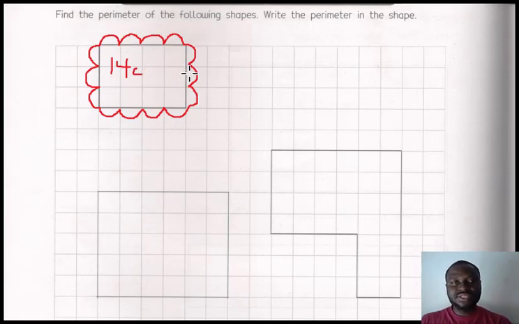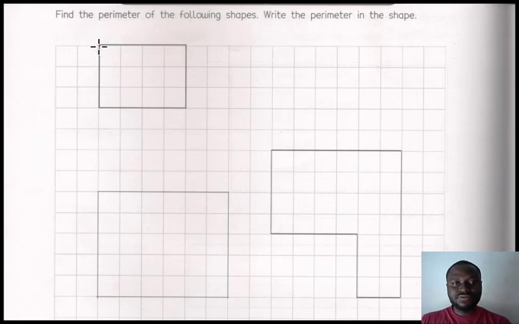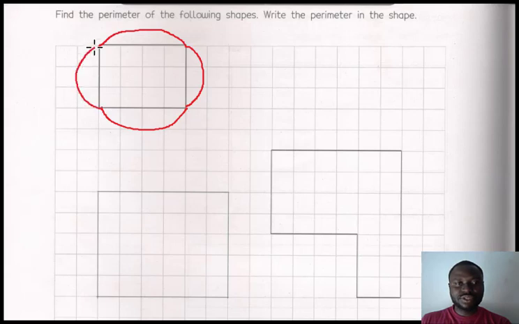Now we can do this in a different way. This time around, I want to find the distance between this point and that point, then this point and this point, and then from this point to this point. So let's look at how to do that.